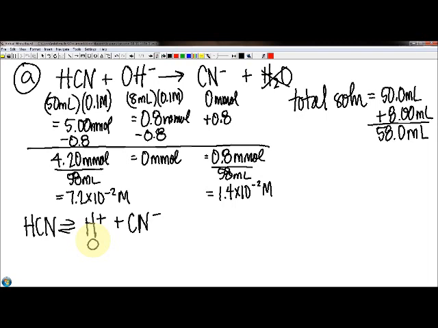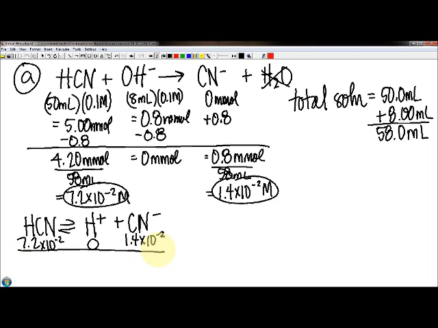We are starting with the molarity that we just solved for both spots. So the 7.2 times 10 to the negative 2 is our initial for the acid, and 1.4 times 10 to the negative 2 is our initial for the base, or the conjugate base. So after our change at equilibrium, we have 7.2 times 10 to the negative 2 minus x, and then 1.4 times 10 to the negative 2 plus x.